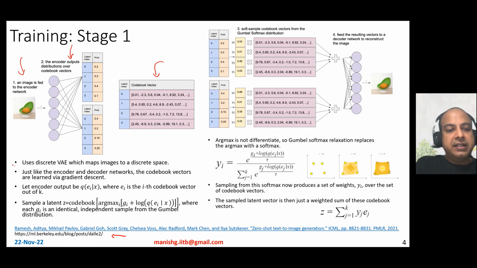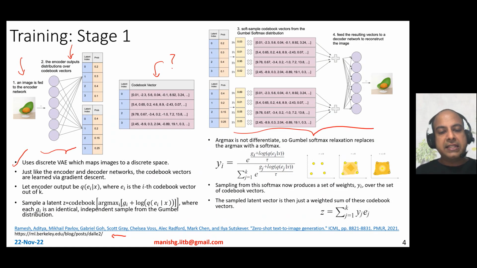So the discrete VAE essentially maps images to a discrete space in some ways. And these codebook vectors, how are they trained? They are also trained using stochastic gradient descent, just like the encoder and decoder networks of the discrete VAE. So this part is clearly the encoder part, and this part is the decoder part.